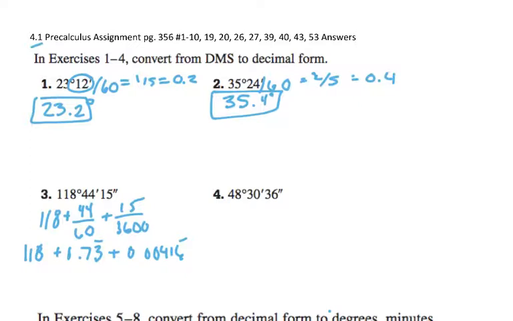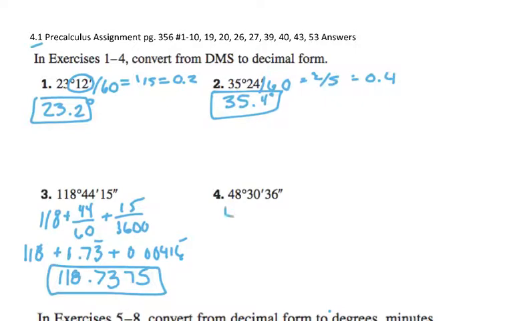Alright, and so if we add those two together, we're going to get 118.7375 actually. How nice is that? Again, if you keep all of the decimal, it will do that.